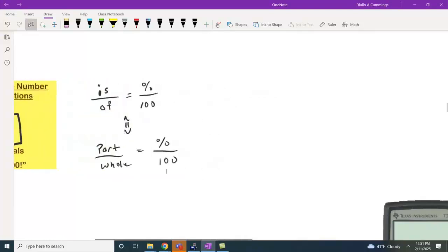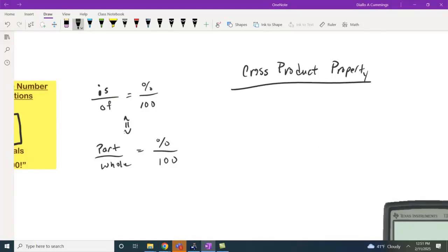Now we solve the percent equation by using something called the cross product property. It says if A over B is equal to C over D, then in essence you have what's called a proportion, which is simply two ratios or two fractions set equal to each other.